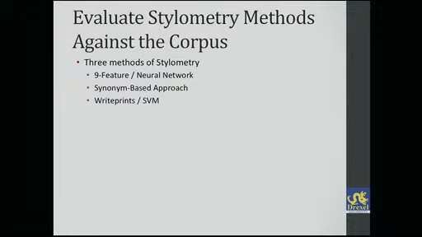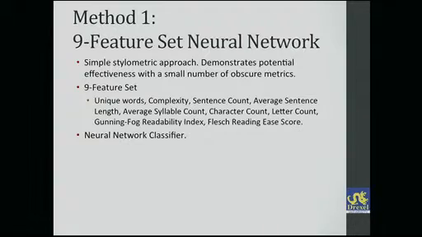So I just want to go over a couple of methods and our results here, and then I'll get to those tools. We looked at 3 different methods of classification. The first method was a basic set of 9 features. This is just 9 data points that we extract from text, including how many unique words there are, what the lexical density of the text is, and a couple of readability indices.